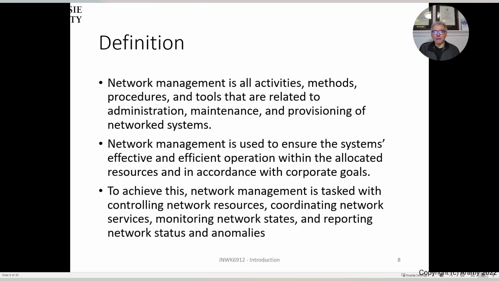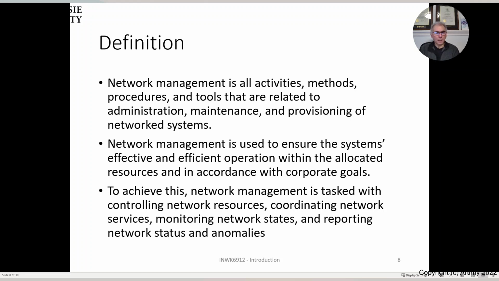I grabbed this definition from multiple sources, but they tell me the whole aspects of network management. So first, network management is all activities, methods, procedures, and tools that are related to administration, maintenance, and provisioning of network systems. Right.